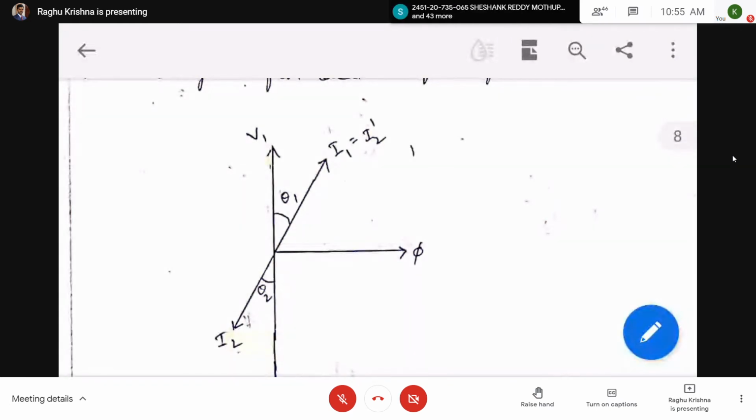Fourth one, magnetizing current. We will consider them one by one and draw the entire phasor diagram. So this is the phasor diagram of an ideal transformer for inductive load.